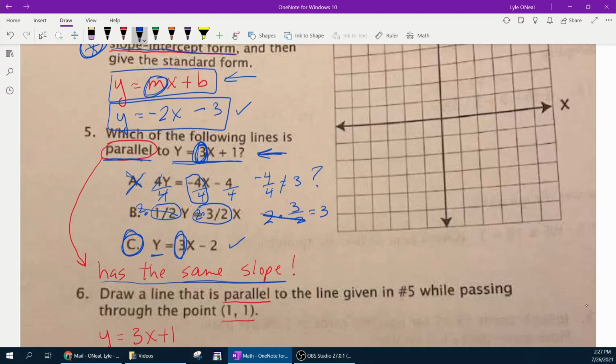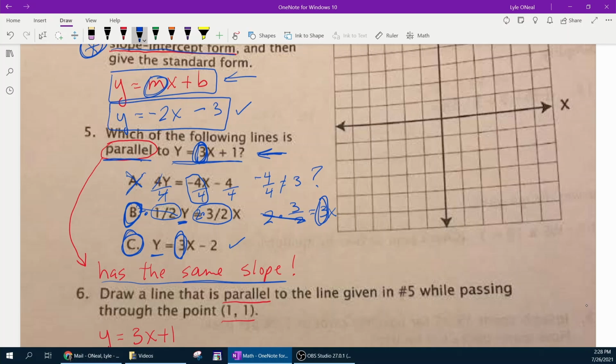And so answer choice B, I think, would also be a correct answer, because once you get the y by itself, the coefficient of x would also be 3. So I think there's 2 correct answers there.